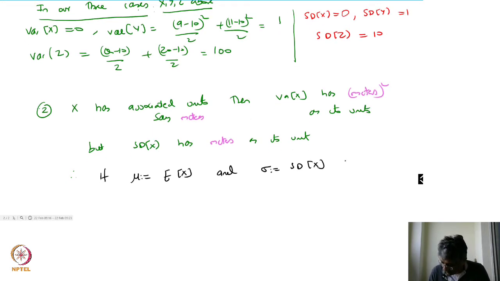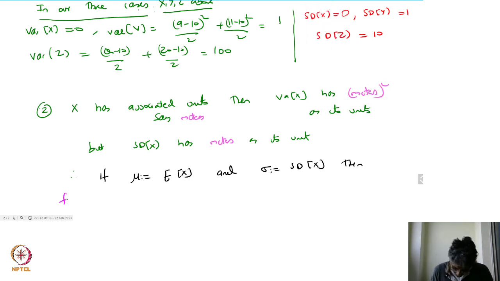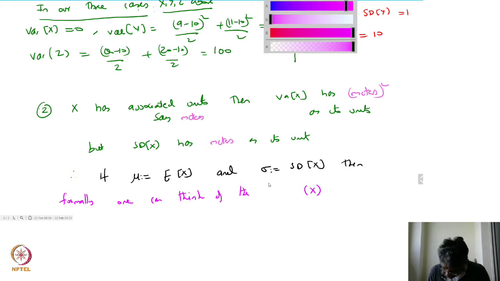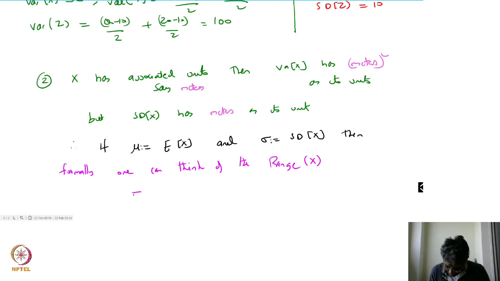Then, informally, one can think of the range of x to be: you take mu, you subtract sigma, and you take mu and add sigma. So this is formally the range of x.